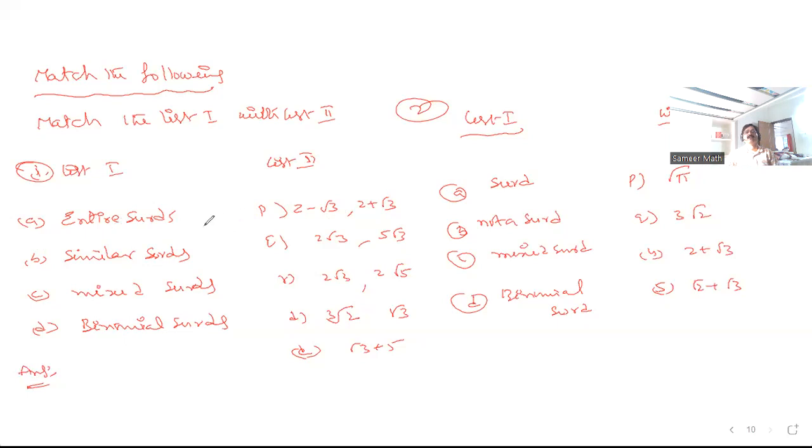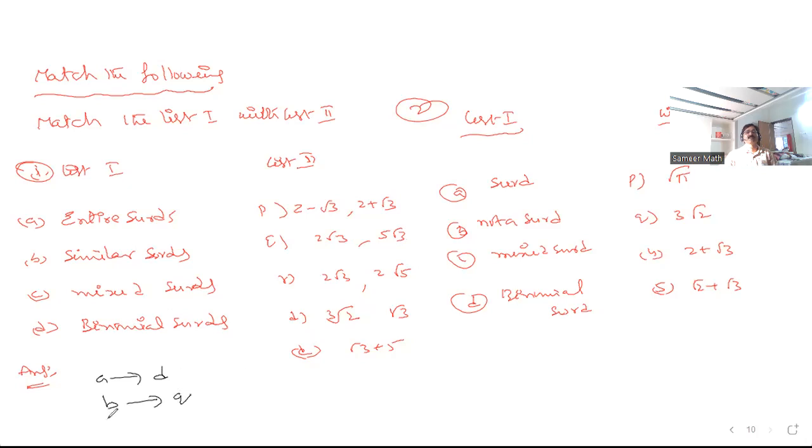So what is the entire side? A maps to D. And B maps to similar sets. Where are the similar sets? This, because same set with different multiples. That is Q, similar set.